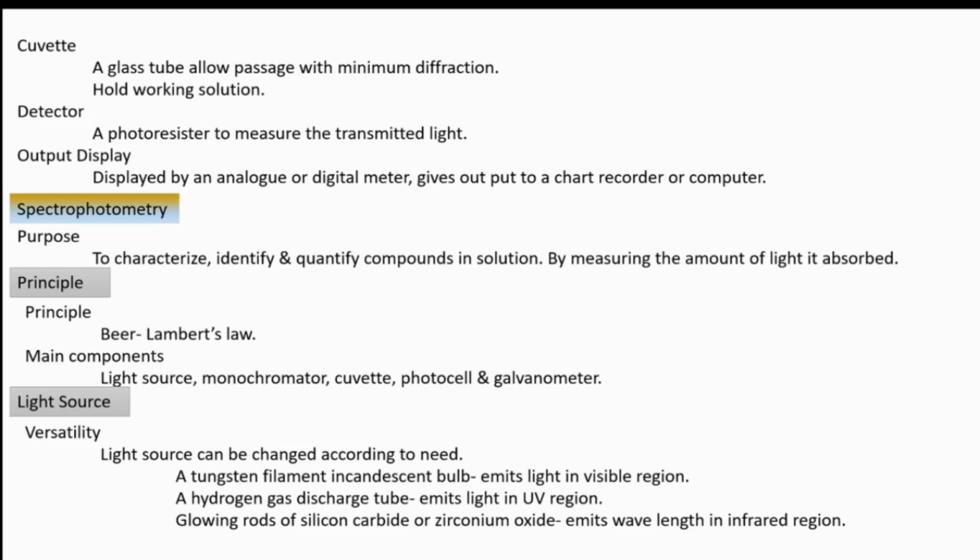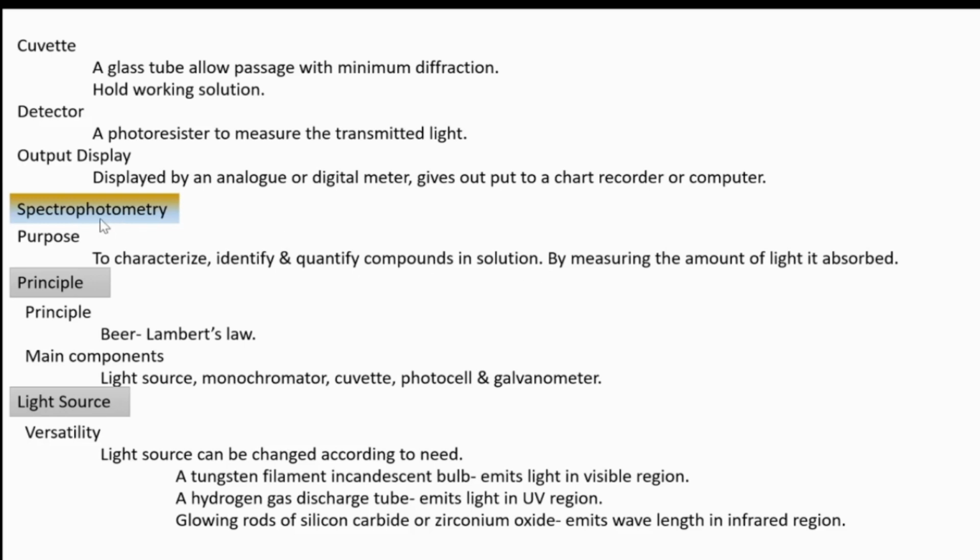This instrument is usually used to characterize. Characterize means we need to understand what type of solution we have, that is, to identify what component is present in the solution, or to quantify compounds in the solution.